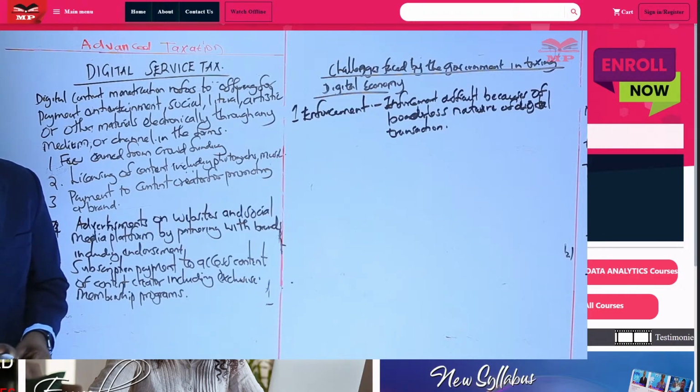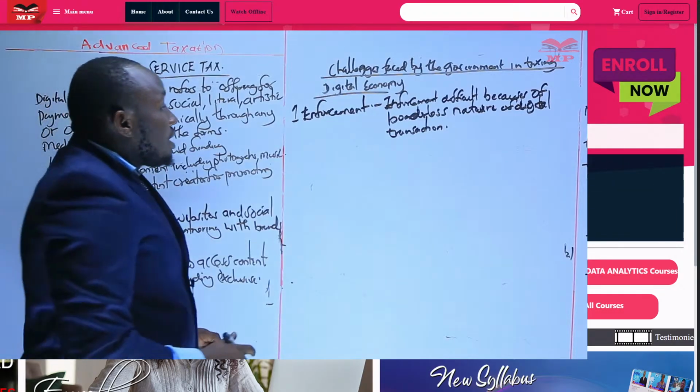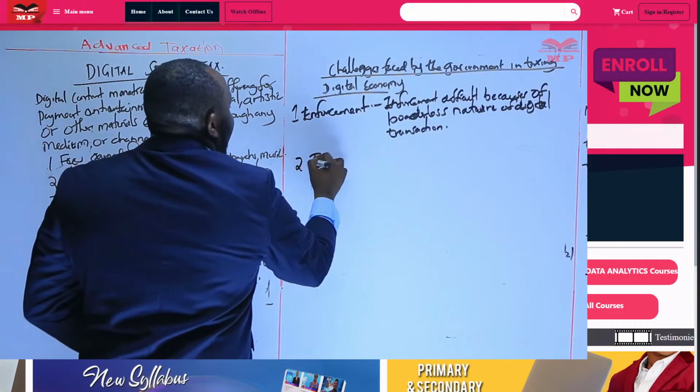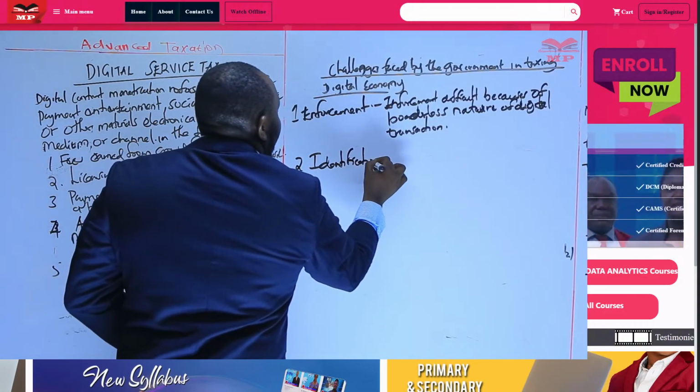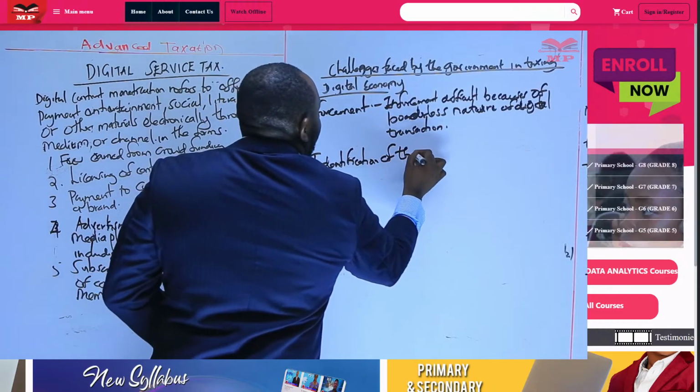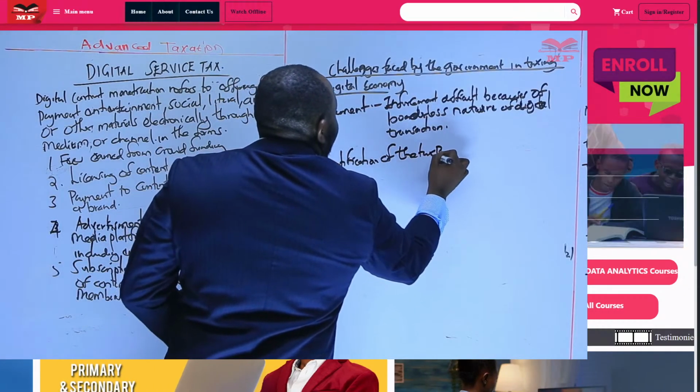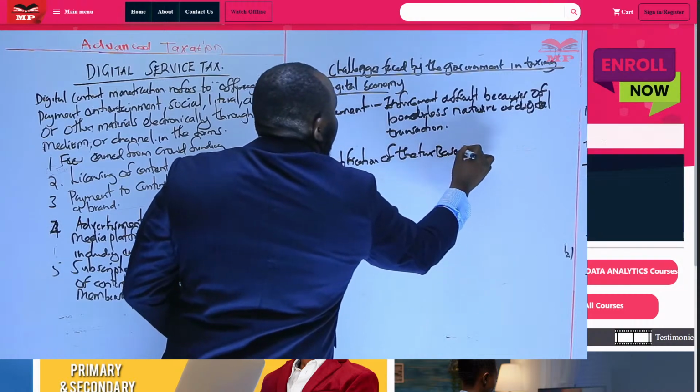We also have what we call identification of the tax base. Number 2 is identification of the tax base.